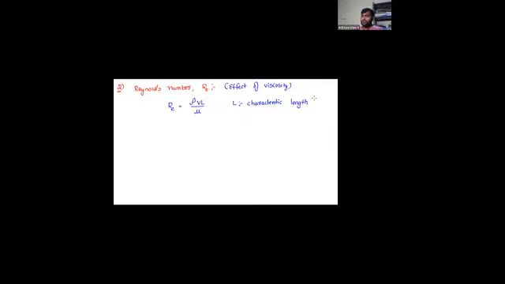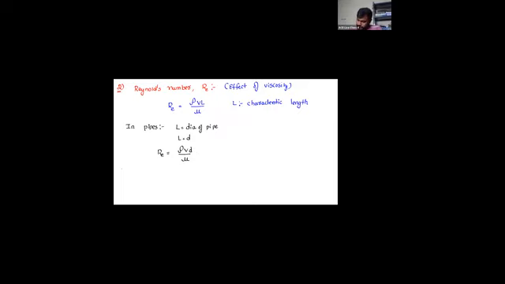Okay. So now in pipes, L is nothing but the diameter of the pipe. L is equal to D. So in the case of pipes, Re is nothing but rho V d by mu.